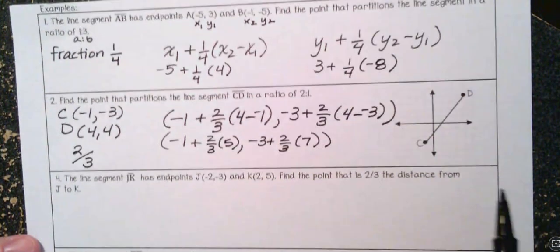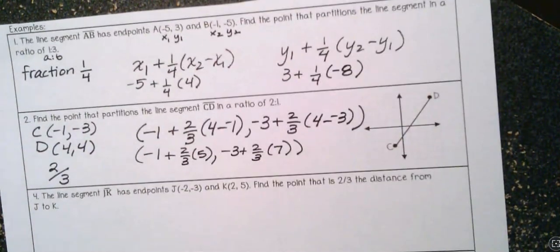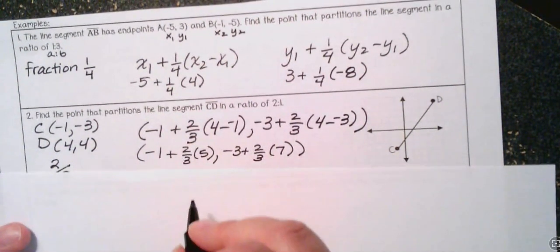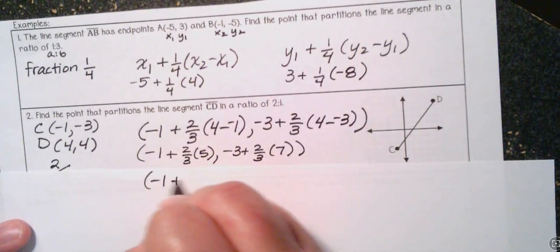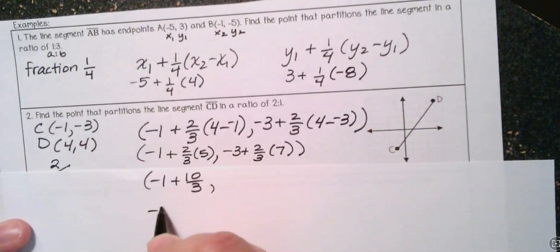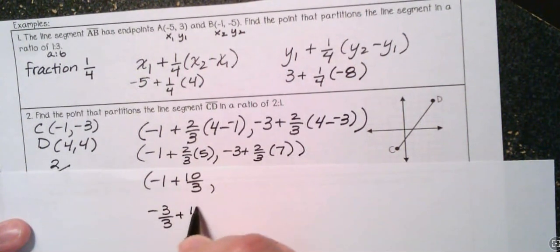So this is going to be a little fractiony. 2/3 of 5 is 10/3. So we have -1 plus 10/3, which is -3/3 plus 10/3. You have to have a common denominator to add fractions, which is 7/3.